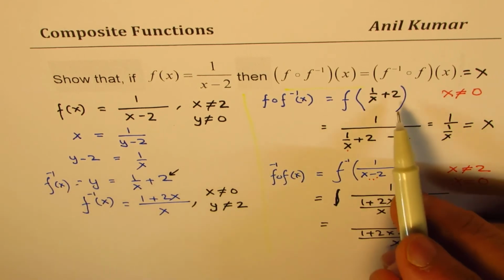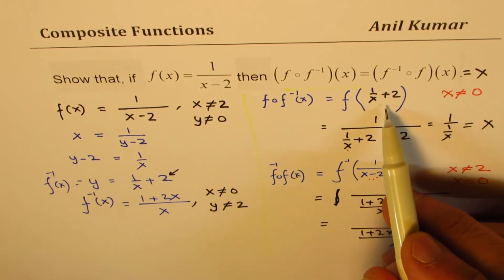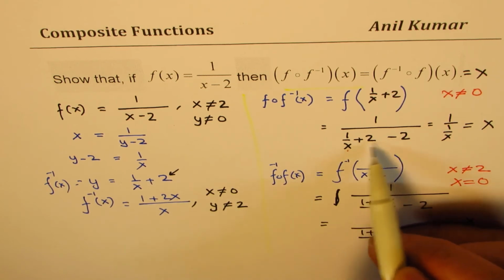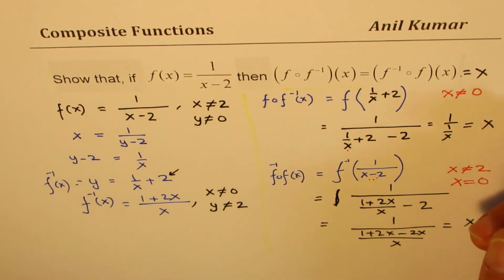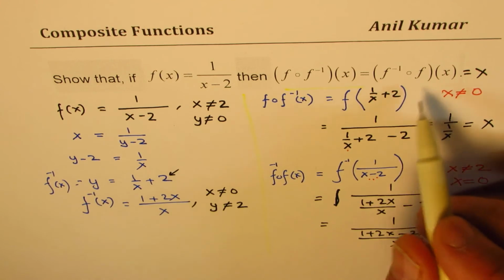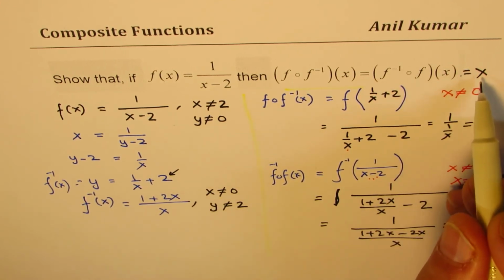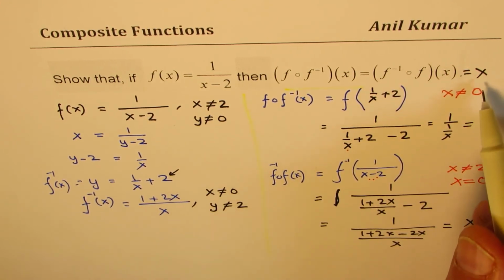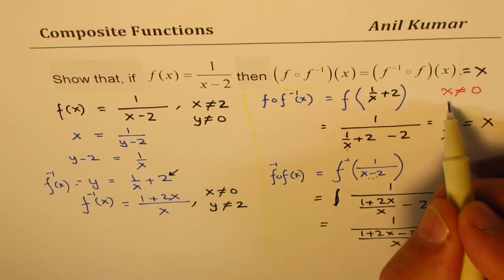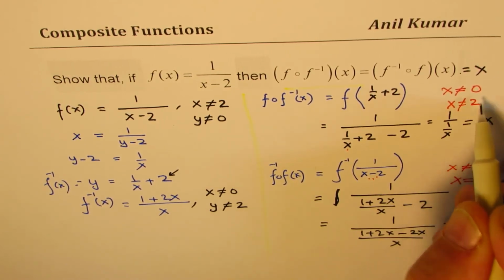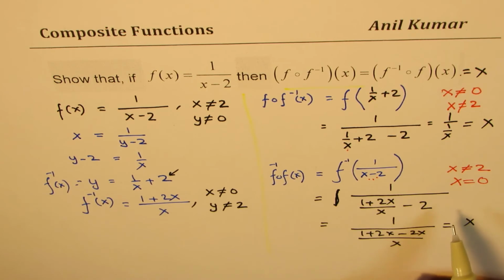Perfect. Now in this equation also you'll realize that when you solve it, we actually cancel it out anyway. So what you find here is that both are equal to x, but x has a restriction that x is not equal to 2 and is not equal to 0 because this is a composition of these two.